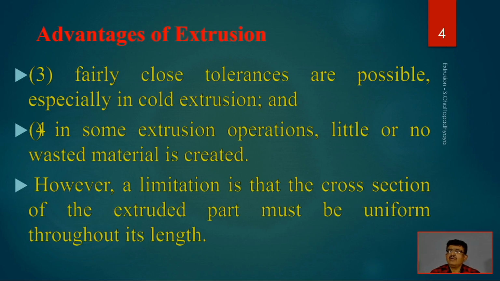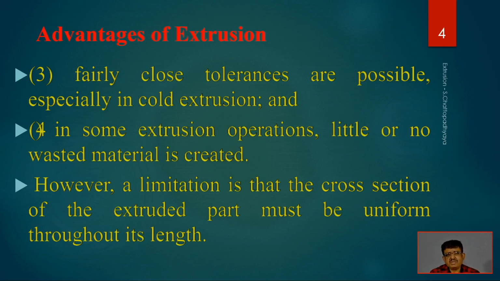Mostly we don't waste material. Whatever material is utilized is formed immediately and given the appropriate shape. It is not like machining, where a lot of chips come out and have to be recycled as waste, and it becomes a really costly process. In the case of extrusion, the beauty is the minimum possibility of waste, or no waste at all in many cases.